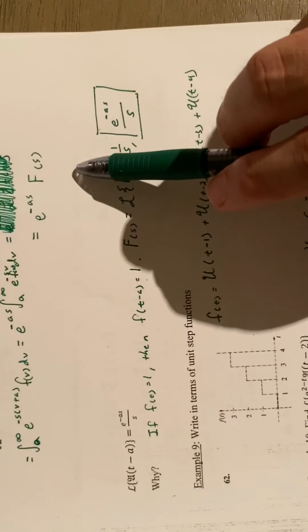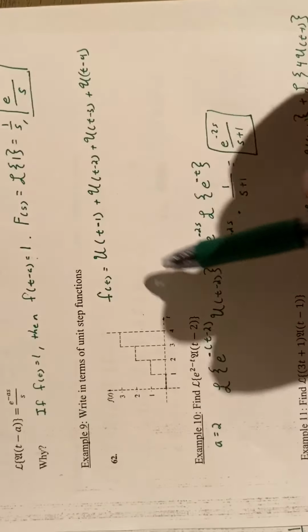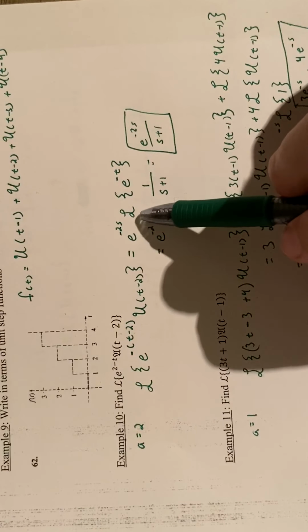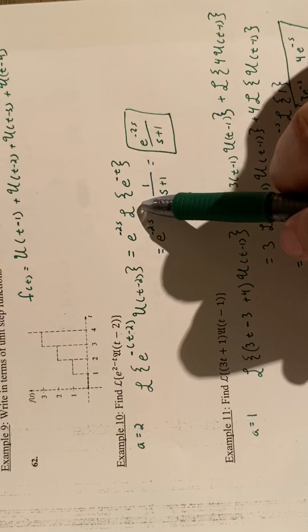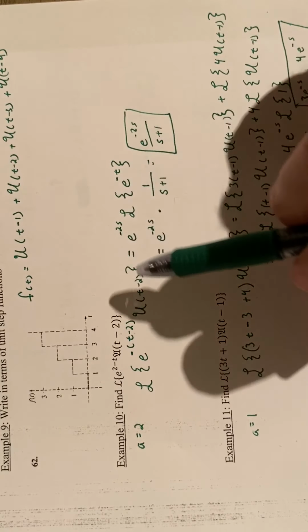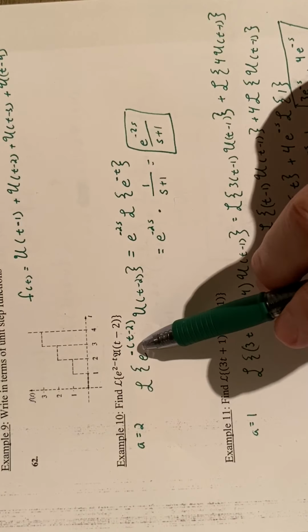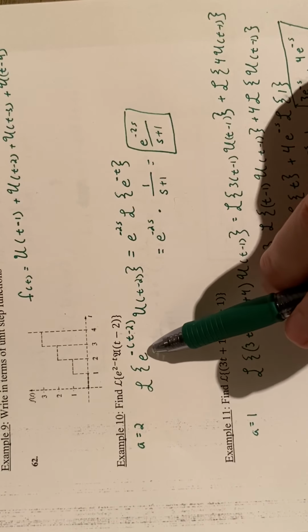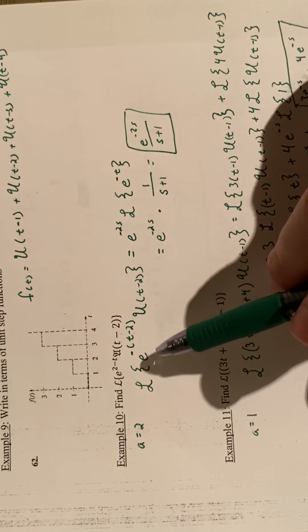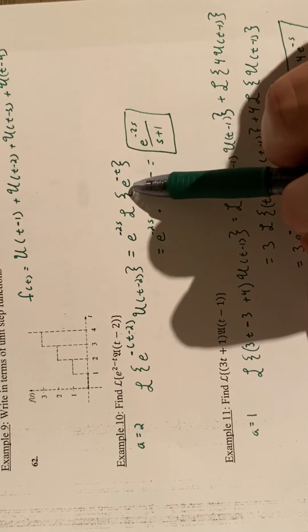So again, the outside is e to the negative as. In this case, it's e to the negative 2s times the Laplace transform of e to the negative t, because I'm now just dealing with my function. Instead of t minus a, I'm going to make it just t.